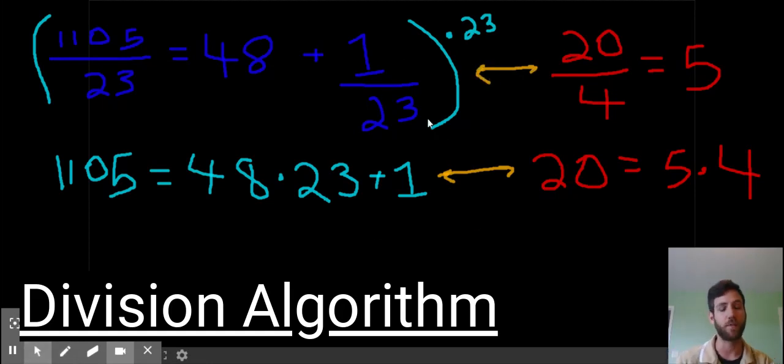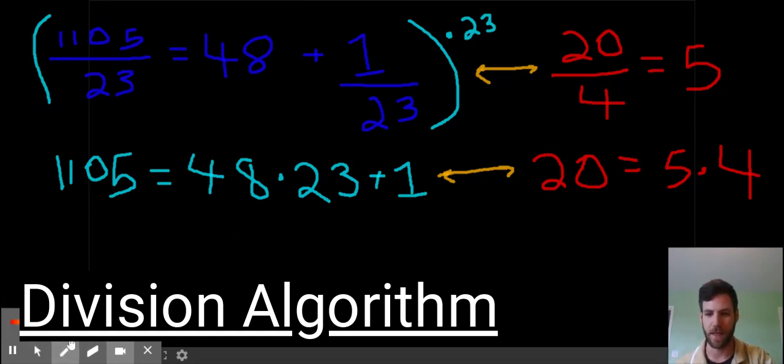This process of writing it out in such a way is called the division algorithm. Essentially, we have a dividend, 1105. We have a divisor, the thing being divided by, which is 23. We have a quotient of 48, and we have a remainder of 1. And so we have that divided by 23, that same divisor. And we can write it in two different ways.